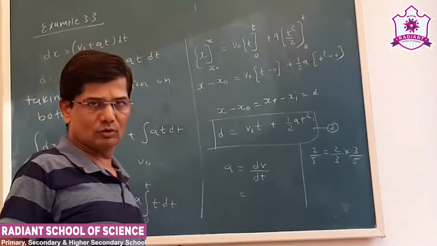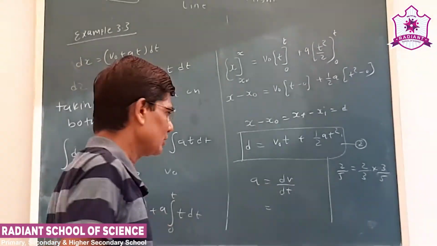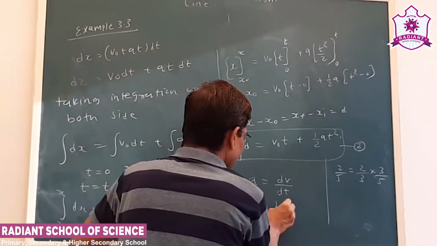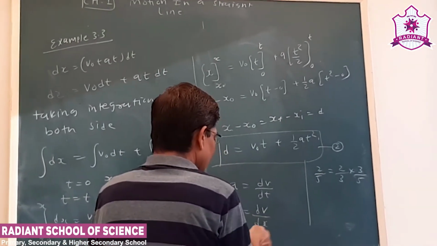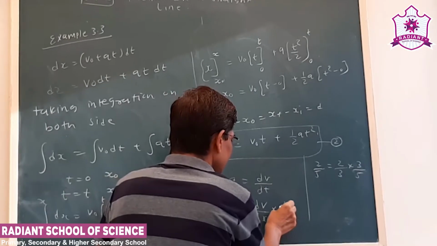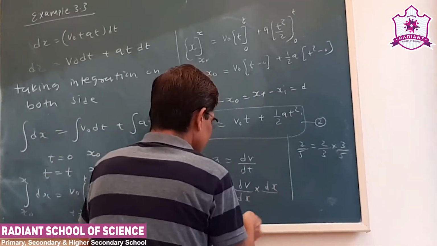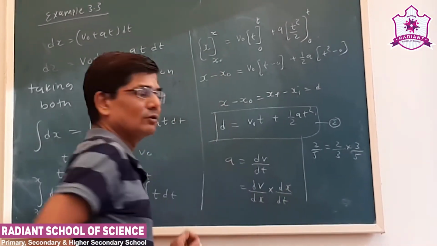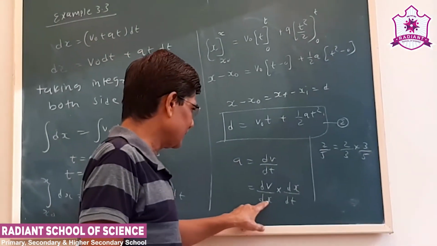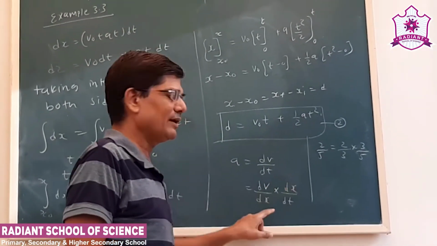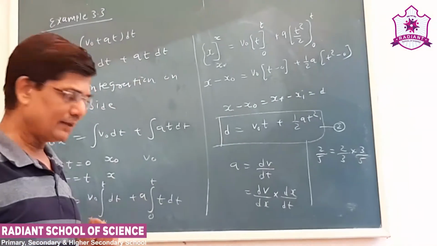That is called the chain rule, in the part of calculus. So this dv by dt we write as dv by dx into dx by dt. Okay, so finally we get the same thing, that is dv by dt. See what we have done, divide and multiply by dx.